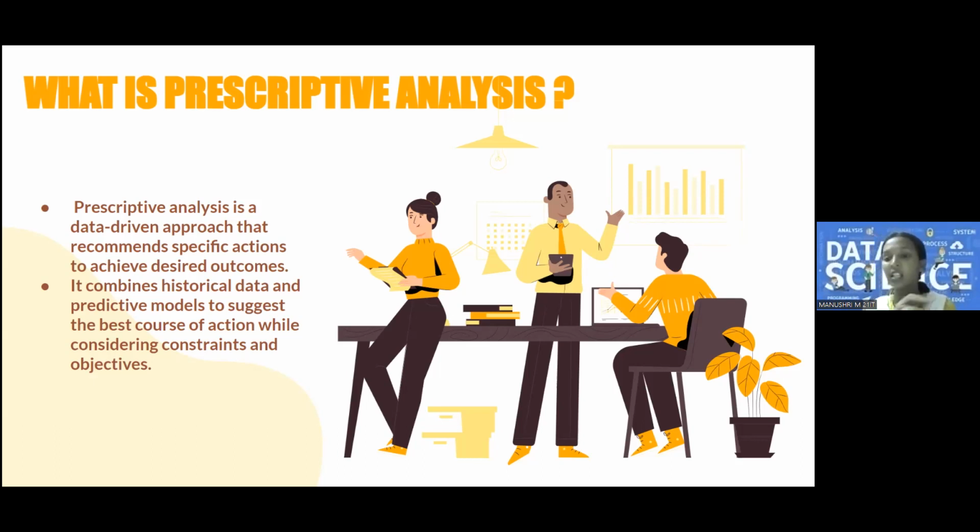This is a real-time example of prescriptive analysis. I'll go through the historical data and the current data, and infer how to make detailed profit in that particular business. That's the main idea of prescriptive analysis.